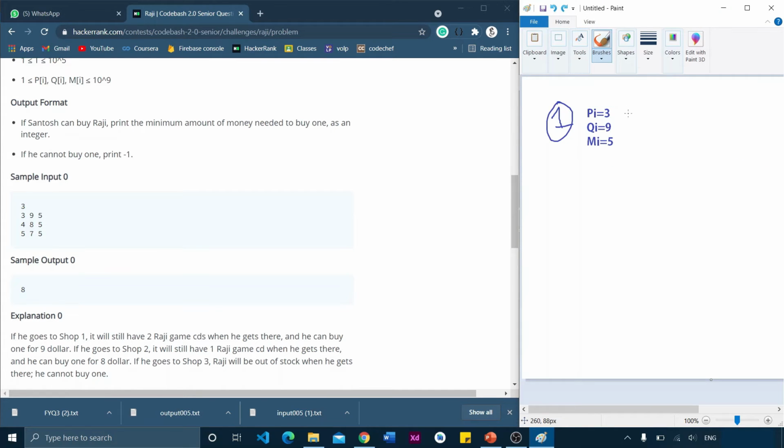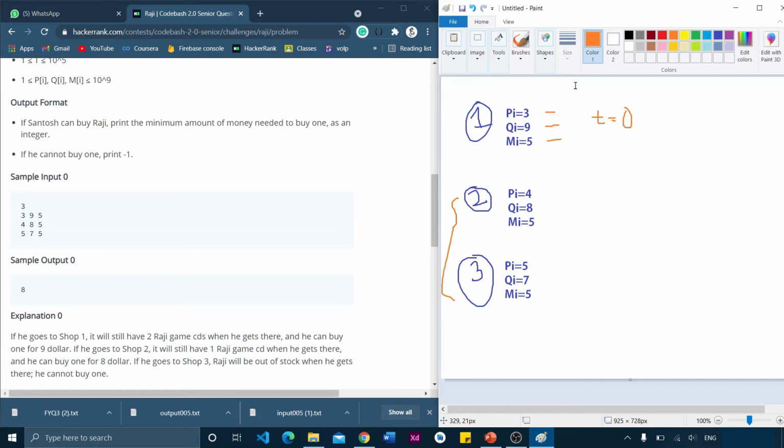Now this means that this shop is 3 minutes away from Santosh. The cost of the game is 9 rupees in this shop. It has 5 units of stock at time T equals 0. And similarly, we have the data for the next 2 shops.